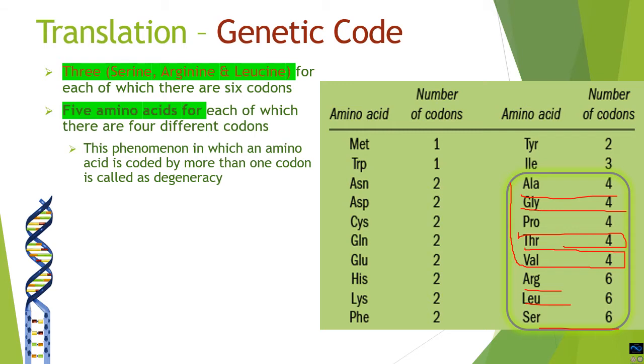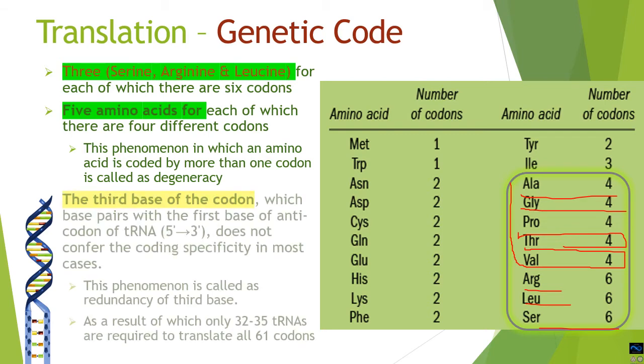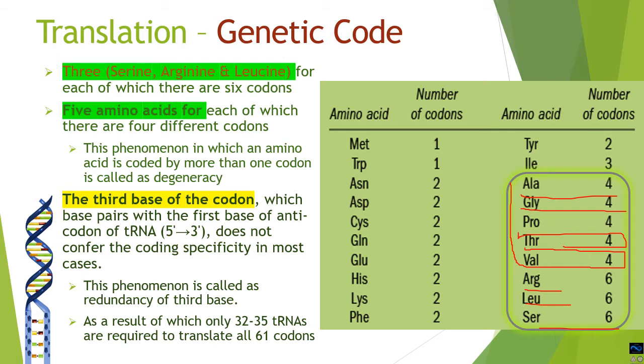So when we say that the genetic code has degeneracy, we mean that there might be more than one codon which codes for the same amino acid. Another thing which derives from this degeneracy is that the third base of the codon, or the first base of the anticodon which decodes the codon, is not that important.